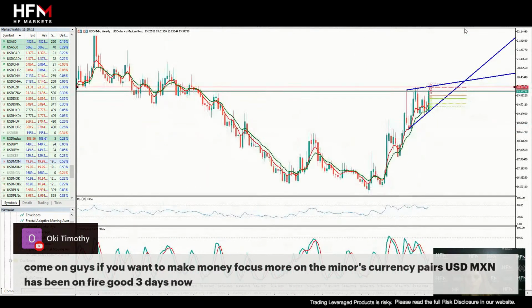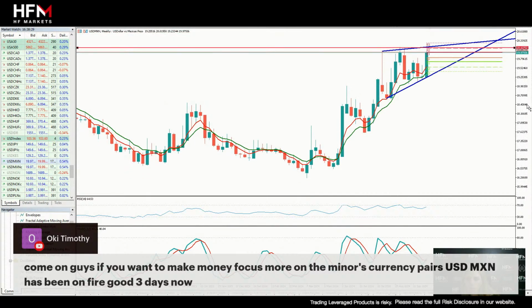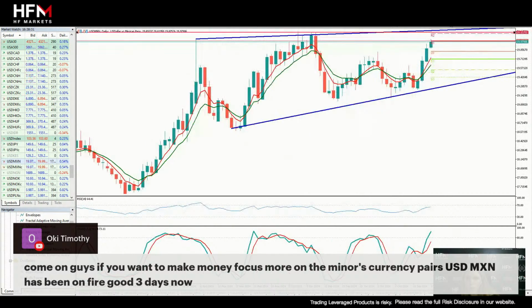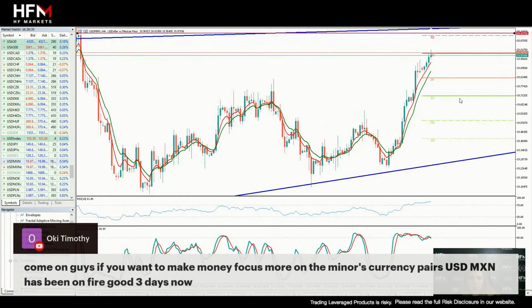A very, very strong weekly performance, a very strong, decisive, bullish candle. And you are absolutely right, Timothy.